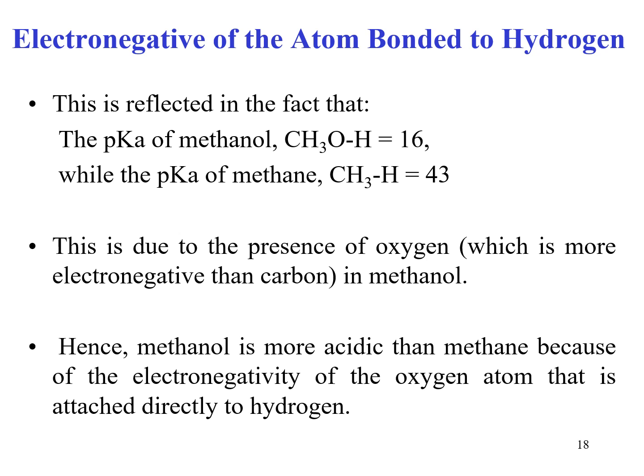That is what makes the pKa of methanol lower than that of methane. So the presence of an electronegative atom bonded to hydrogen influences the acidity of a compound. The more electronegative the atom bonded to hydrogen, the higher the acidity, which is also reflected in a lower pKa value.